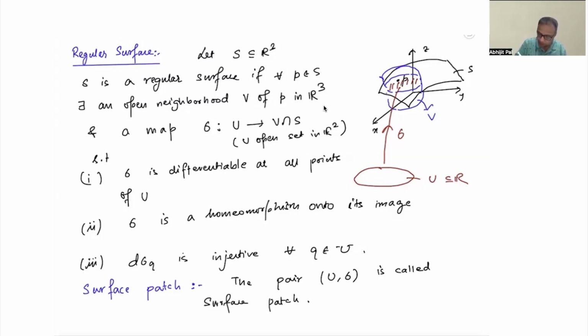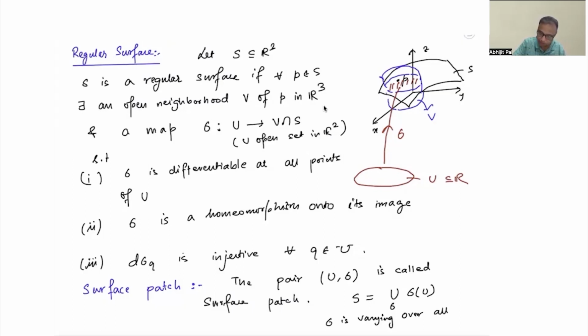And also note that S is in fact the union of sigma of U, with sigma varying over all.